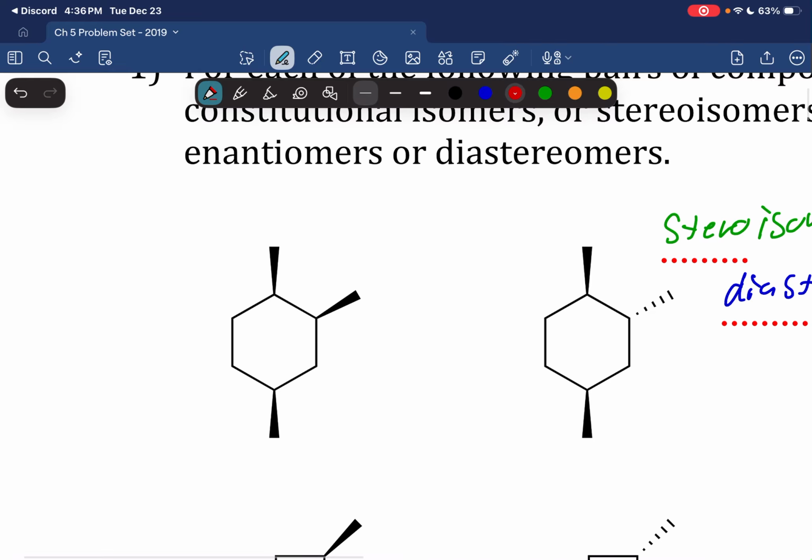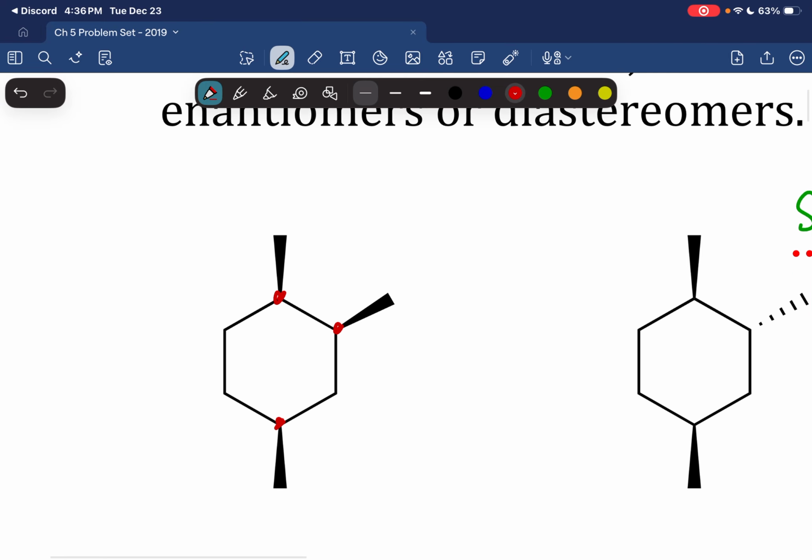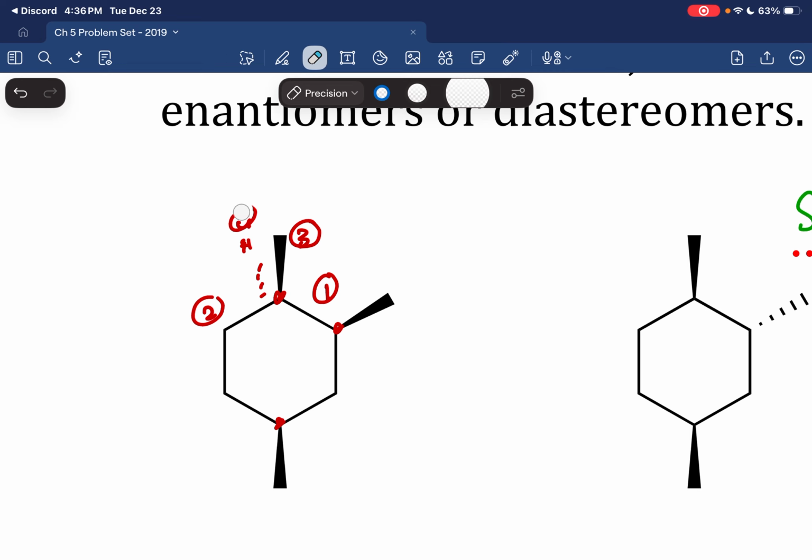So what we can do is look, we have three chiral centers, and how we will be ranking it is by highest atomic priority. So this carbon to carbon would be 1, so we would have 1 here, 2 here, 3 here, and then we would have a dashed hydrogen here, which would be our 4th priority, but we generally ignore that.